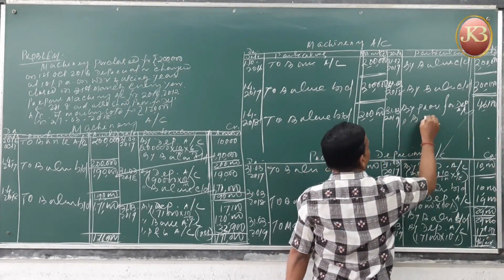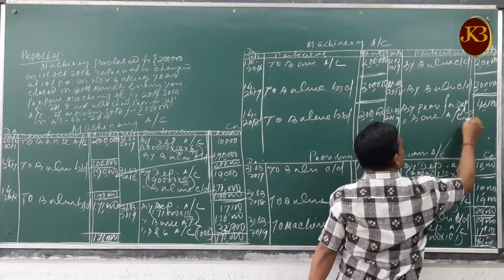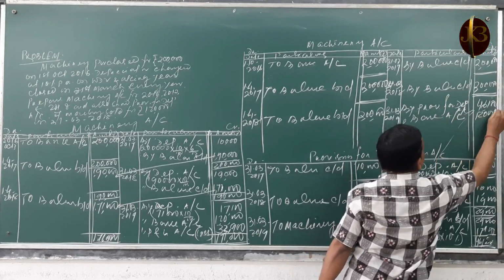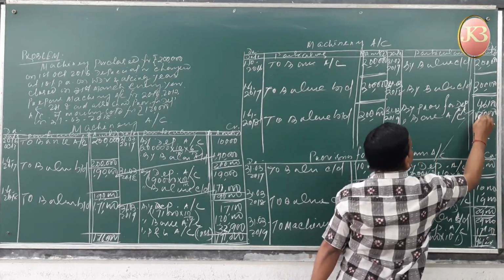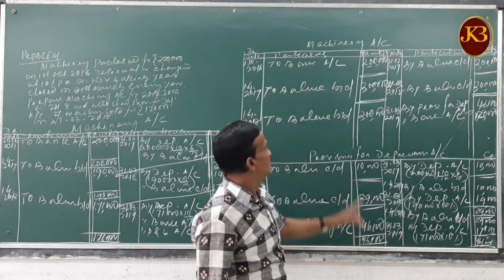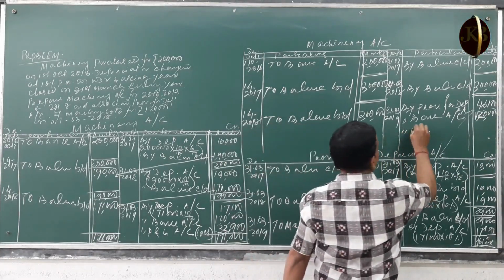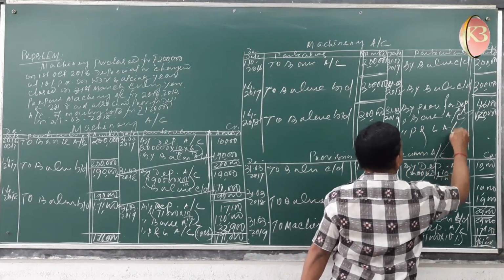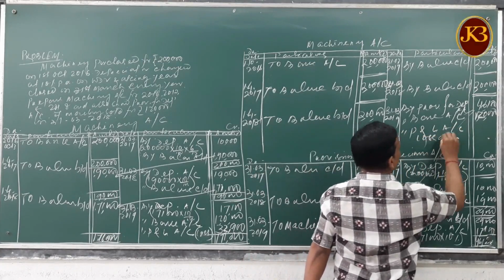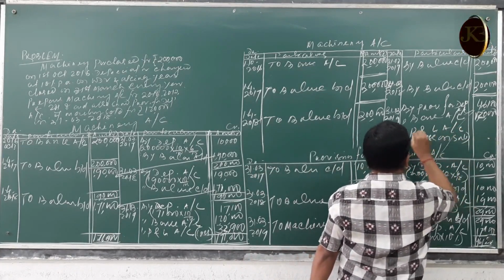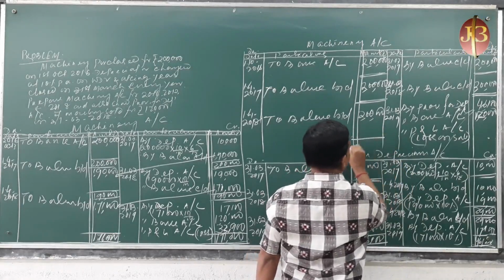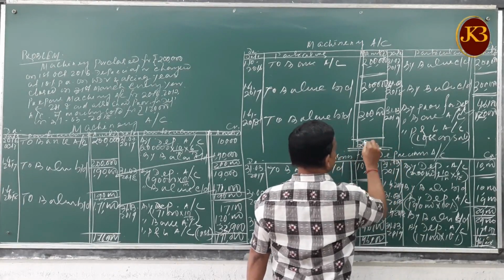Then by bank account 1,20,000. This is sale price. Then the remaining, by profit and loss account, there is loss on sale. So calculate the difference amount. This is 2 lakh.